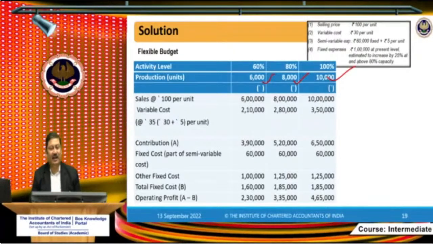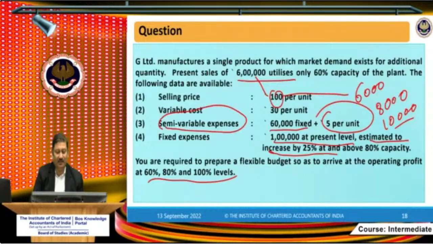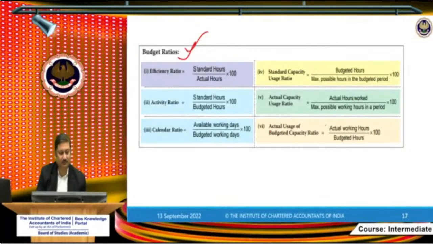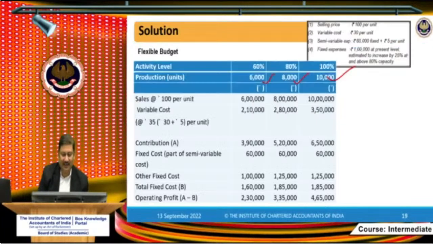Sales at the rate of 100 per unit is 6 lakh, 8 lakh and 10 lakh. There are two variable costs: one is 30 and one is 5. So 30 plus 5, that is 35, is the variable cost.